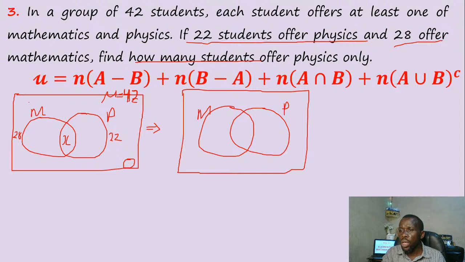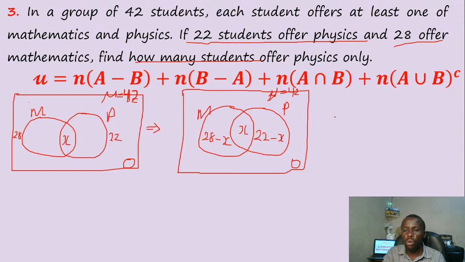The 28 now has to go inside, so it becomes 28 minus X. The center becomes X. Then for P, it becomes 22 minus X. Our universal set here is still 42, and the 0 is here.